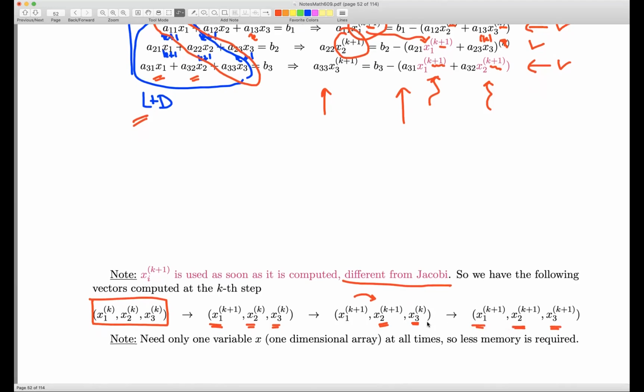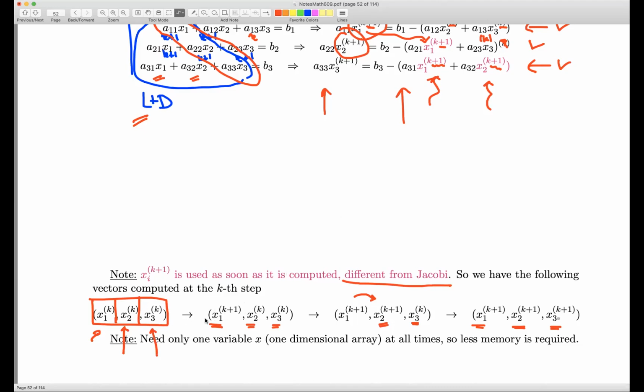Now we see here that we can save a little bit of memory, because we need only one variable x, only a one-dimensional array, at all times. If you think of this as memory cells, in this place you put the first coordinate, in this place the second coordinate, in this place the third coordinate.